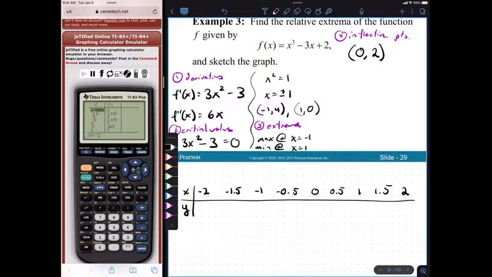So yeah, we get some funky numbers, but that's okay. When x was -2, we got 0.